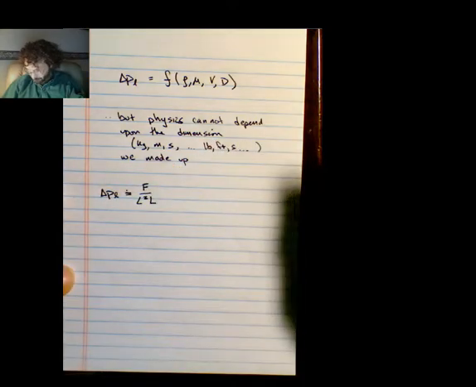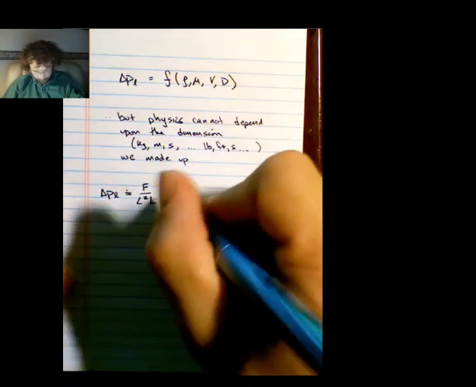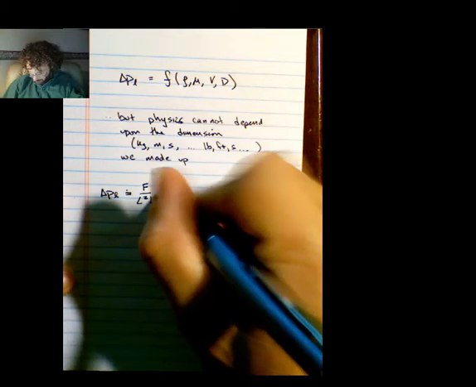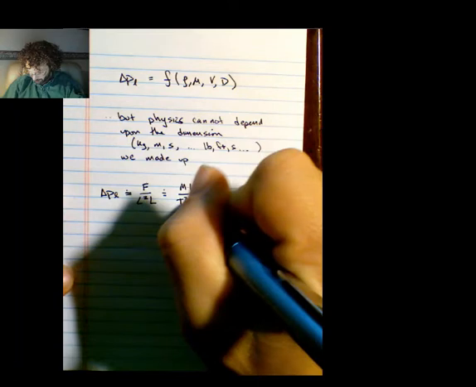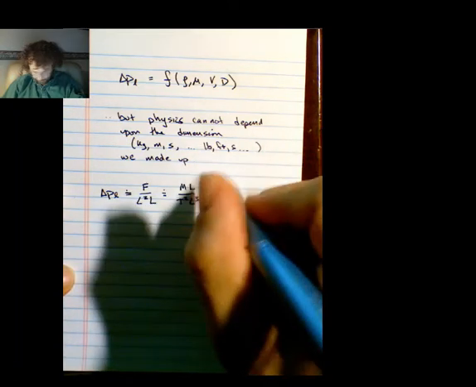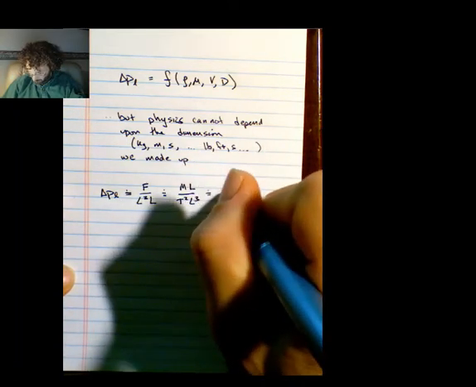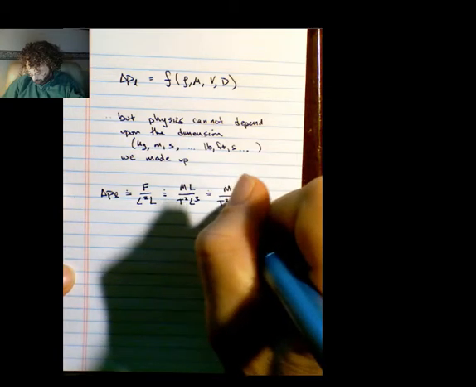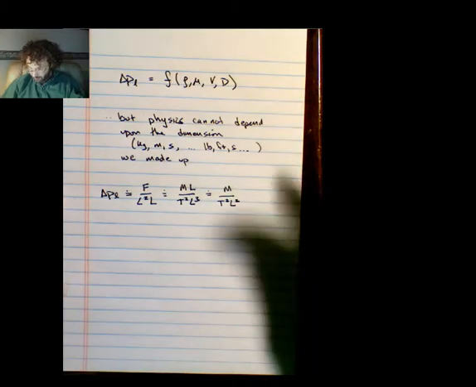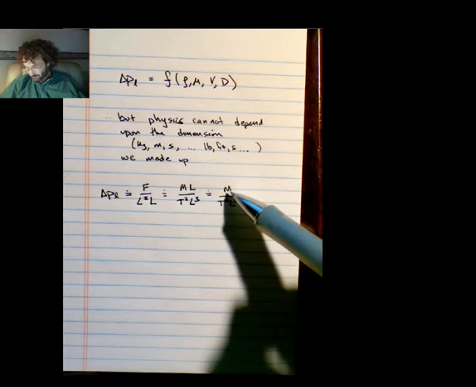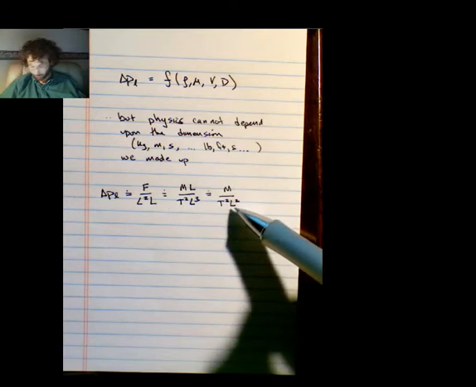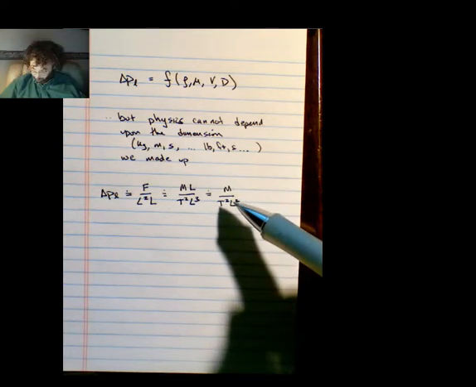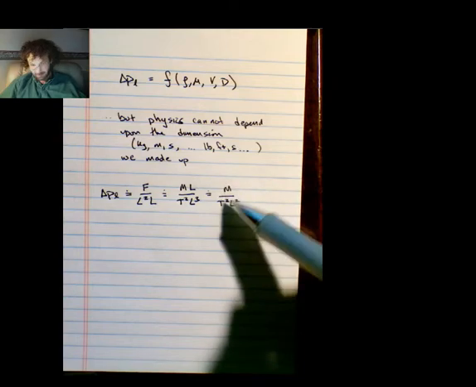And so it's force per length cubed, and the dimensional force is a mass times length per time squared, and then we've got this length cubed here, and so this has dimensions of a mass per time squared length squared. So our answer in a useful set of units would be kilograms per second squared meters squared, for example. But the physics can't depend upon that.